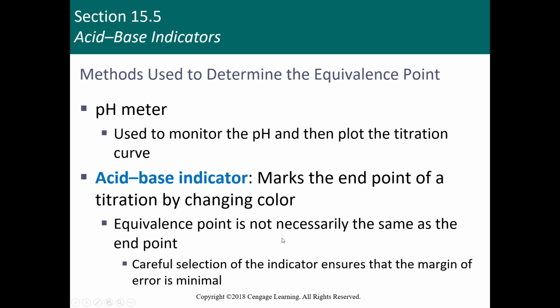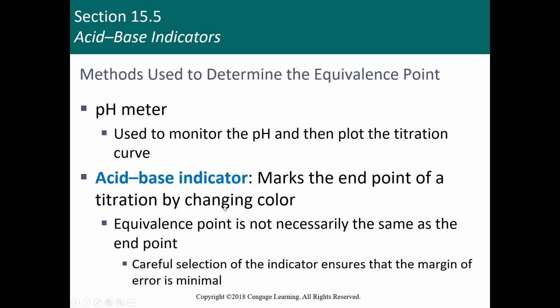All right, so the equivalence point will not necessarily be the same as your endpoint. This is something that we haven't mentioned before, and you may have a misconception about. The equivalence point is where you have used up all of your acid if you're titrating an acid, or you have used up all of that weak base if you're titrating a base. That's your equivalence point. The endpoint is actually just where this changes color, okay?